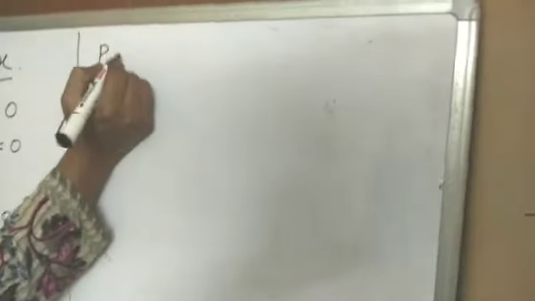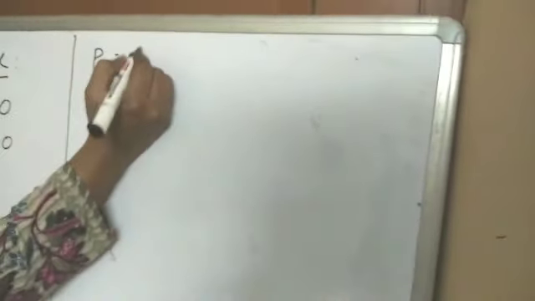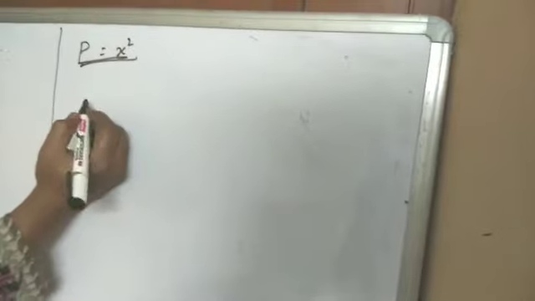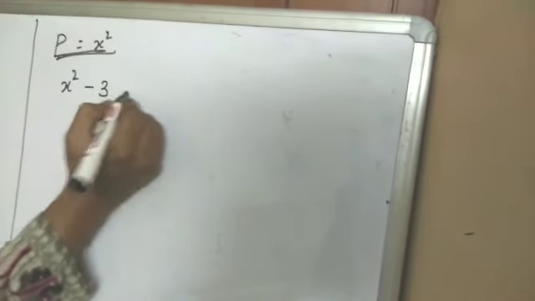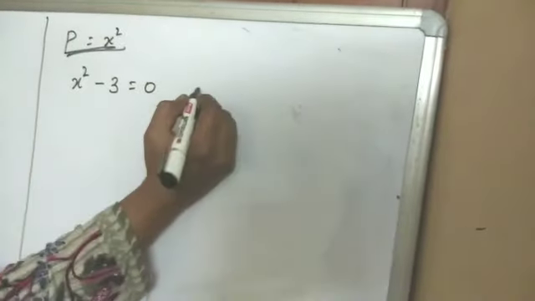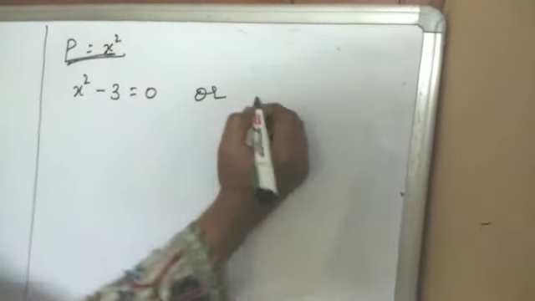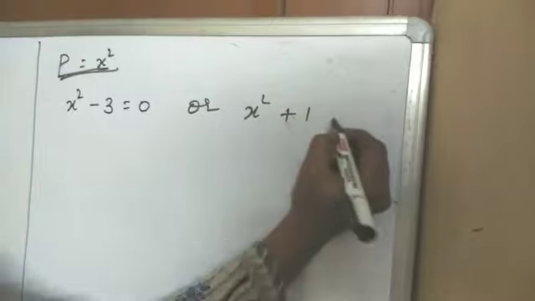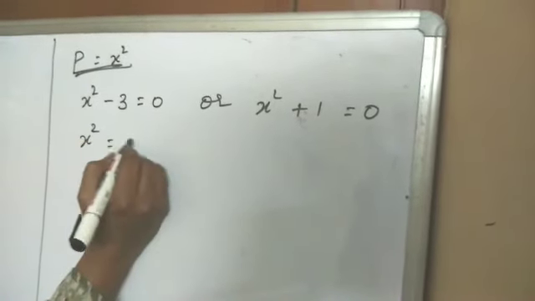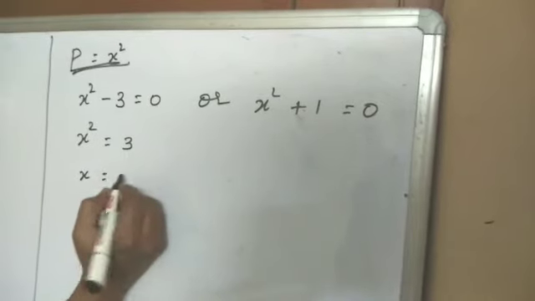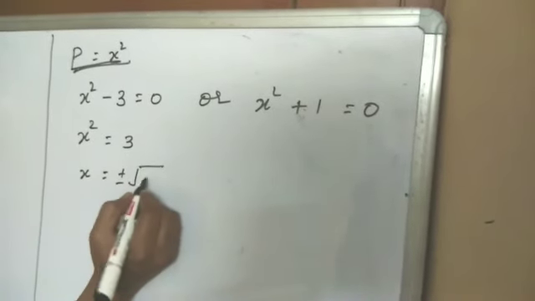Now what is p? p is equal to x squared. Now put this in the p place. Okay. So x squared minus 3 is equal to 0 or x squared plus 1 is equal to 0. So x squared is equal to 3. x is equal to plus or minus under root 3.